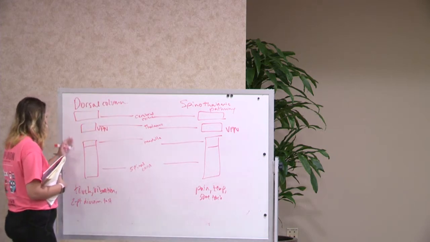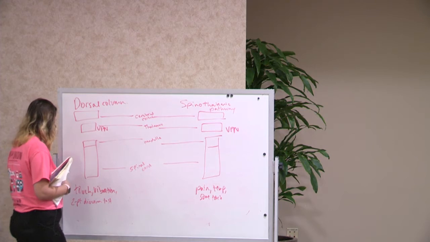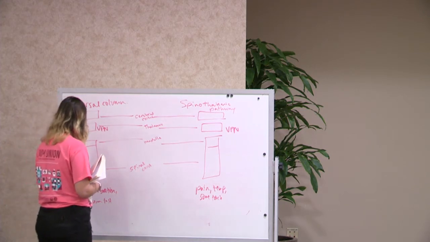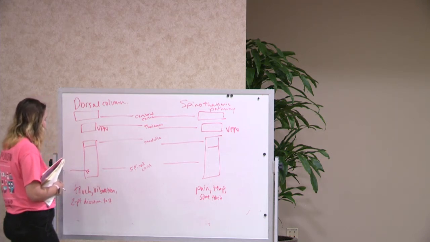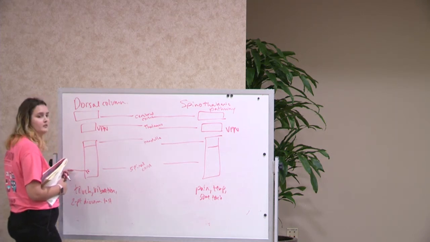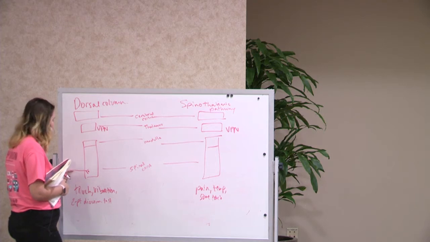So let's say we're on the left side of the body. We have a synapse at the spinal cord, and we know that this is going to be our sensory neuron or axon.